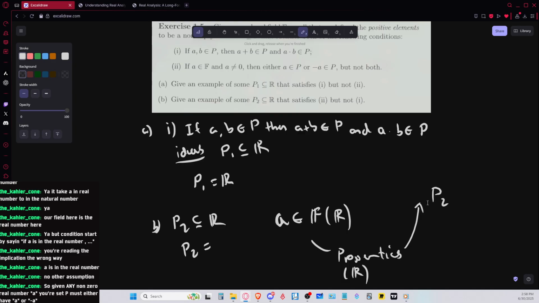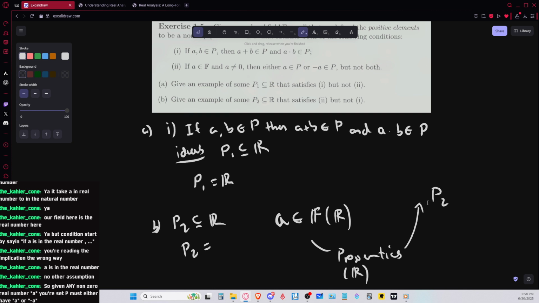So any non-zero real number A, your set P must either have A or negative A. Yeah, that part I understand. The one thing is, am I just getting the way the property of A is supposed to be placed here wrong?